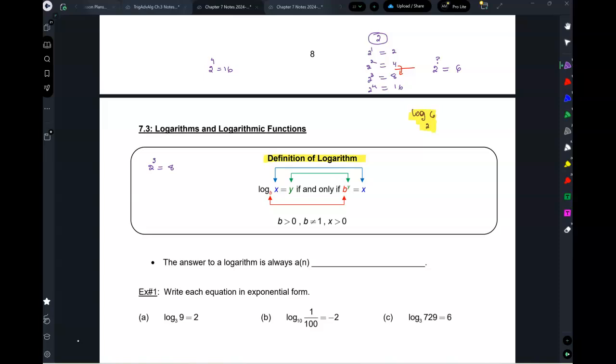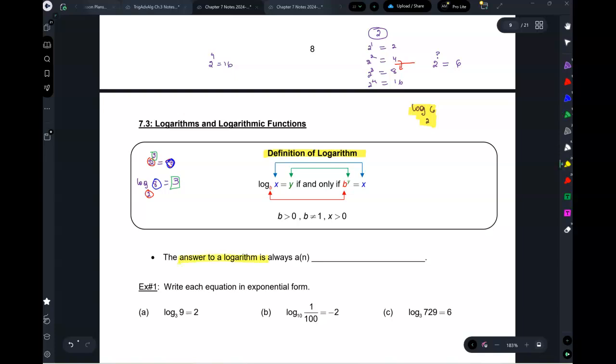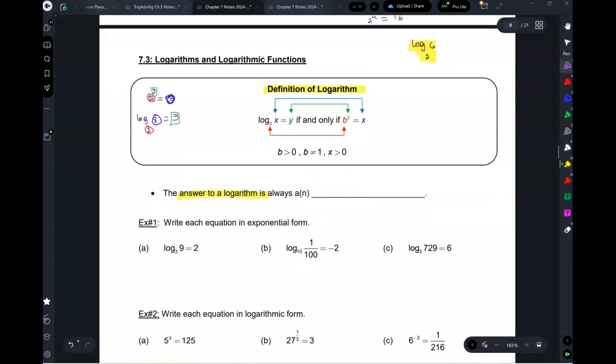Another way to write this exact same thing is log base 2 of 8 is equal to 3. So look, base, power, exponent. In other words, the answer to a logarithm is always an exponent.